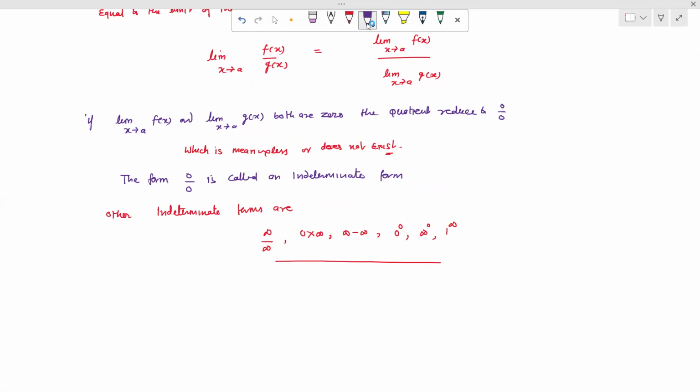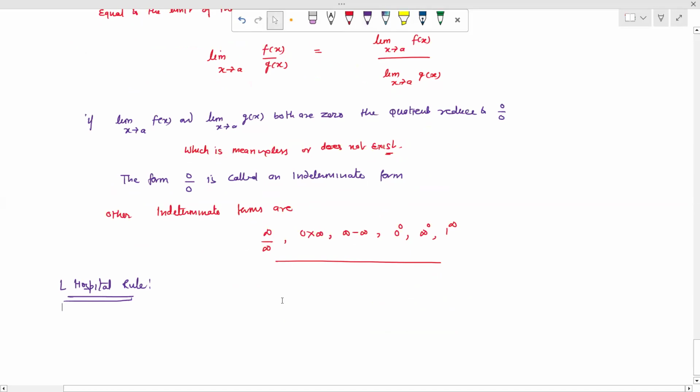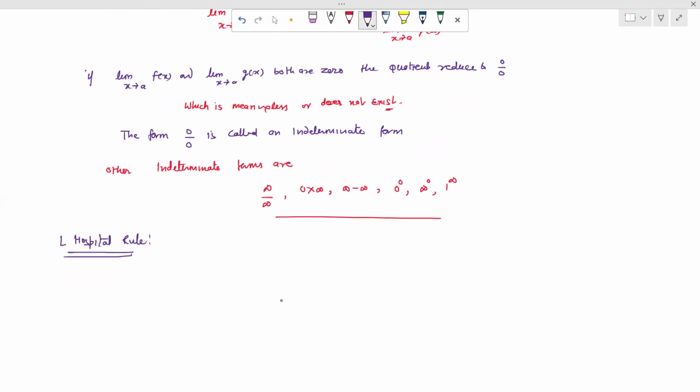Now we move to the L'Hospital rule. The L'Hospital rule is also important for solving problems based on indeterminate forms.